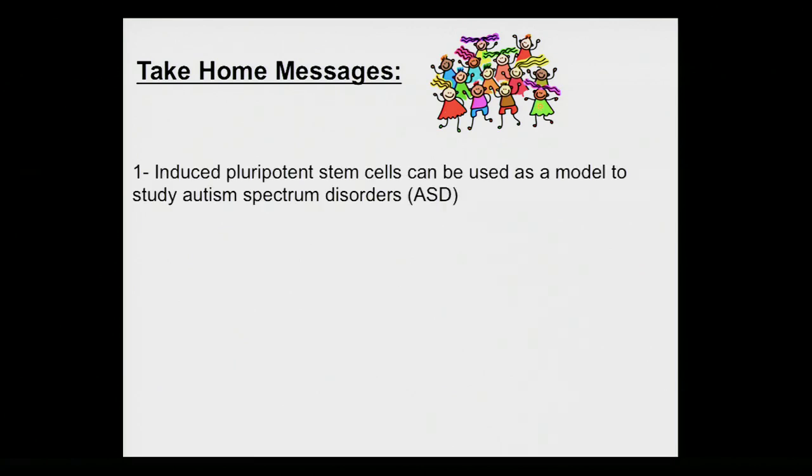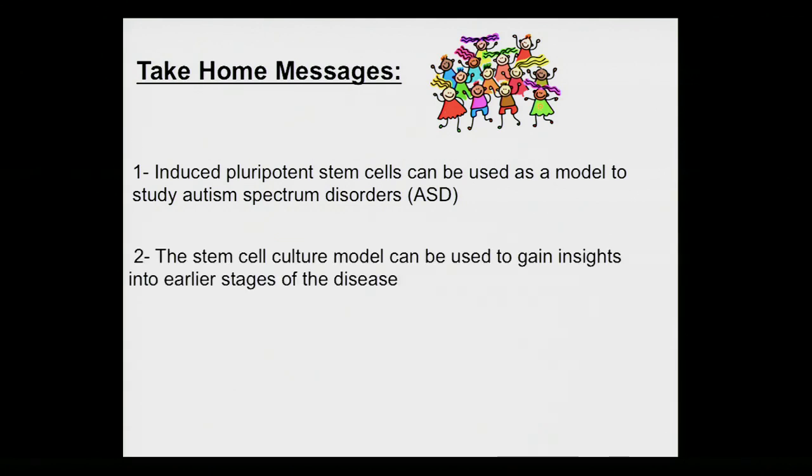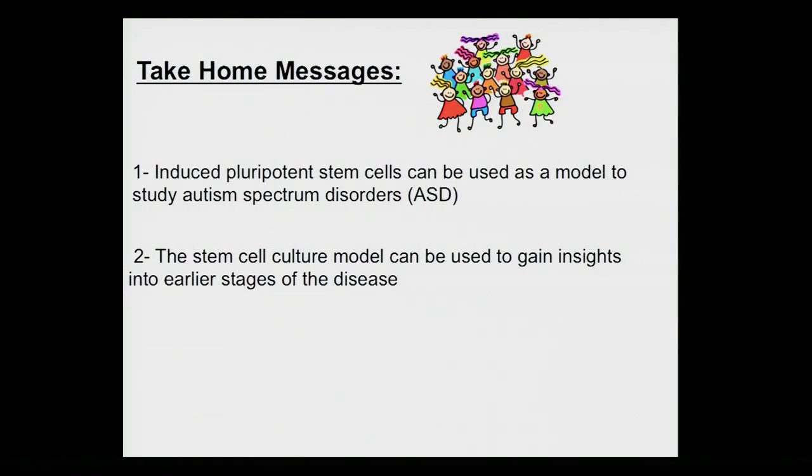So what I want you to take home as messages from my talk are, we used induced pluripotent stem cells, and they can be used as models, simplified representations of reality, to study autism spectrum disorder. We also can use this culture, this model, to gain insights into early stages of the disease, before the brain is already committed into being autistic, for instance.